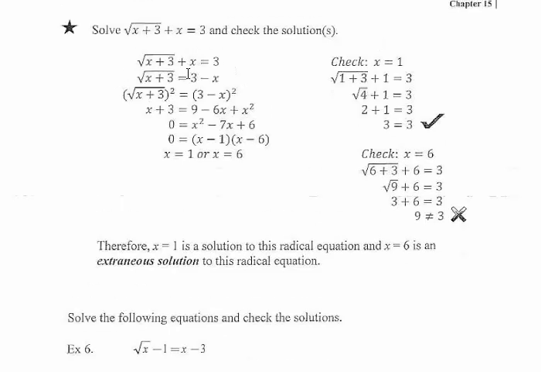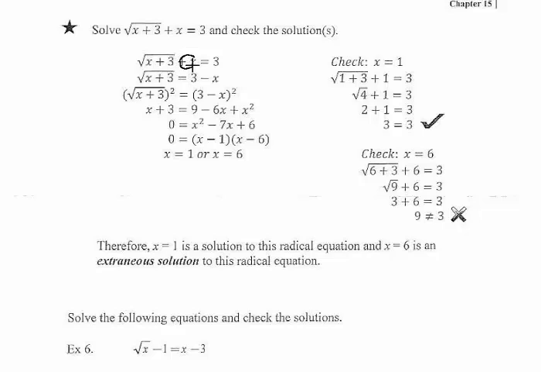Okay, on the next page, you see we now have a slightly different equation where there's not only an x term under the radical, there is an x term outside the radical as well. Here the workbook has still used the same strategy that we used in the previous examples.